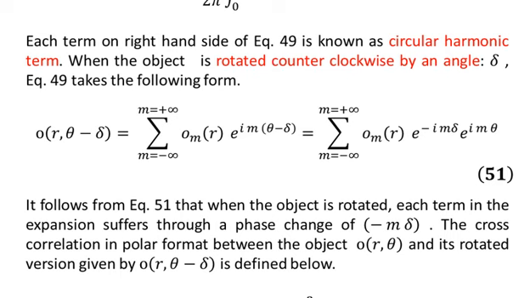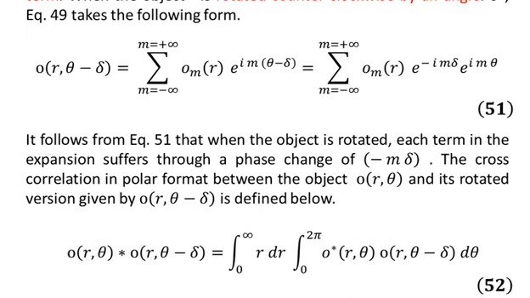So we have this equation over here, and on the right hand side of equation number 51 we have separated the phase factor e to the power iota m within the bracket theta minus delta into two parts, that is e to the power minus iota m delta multiplied by e to the power iota m theta. And you see that here delta is what gives you the information about the rotation of the object.